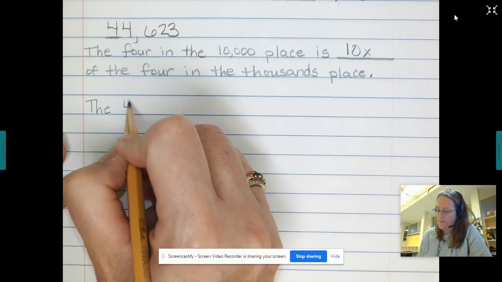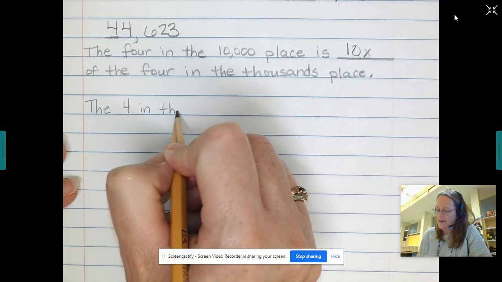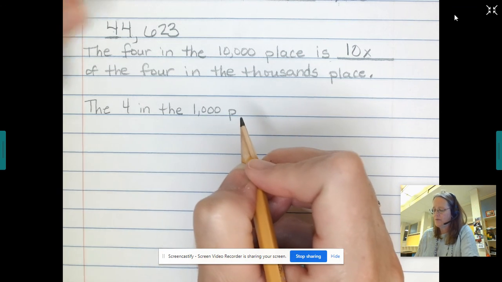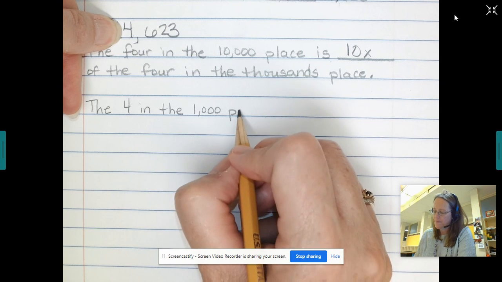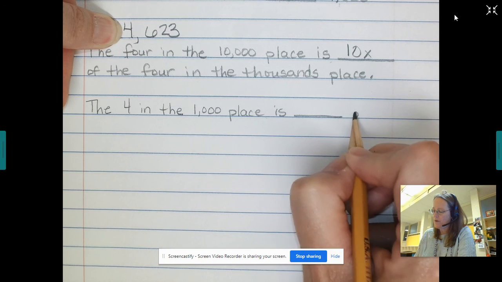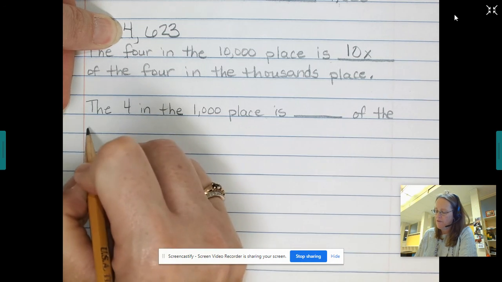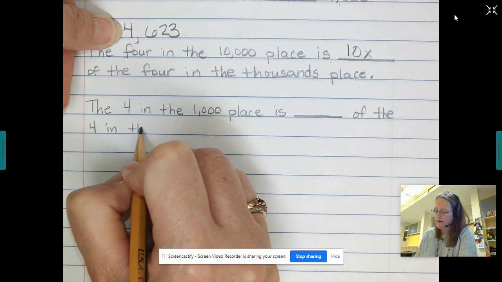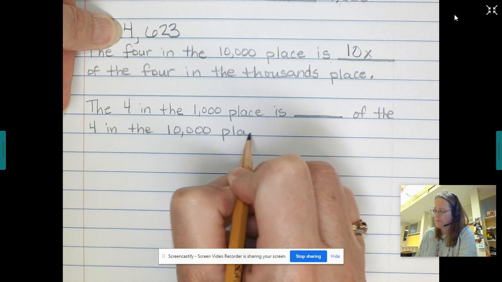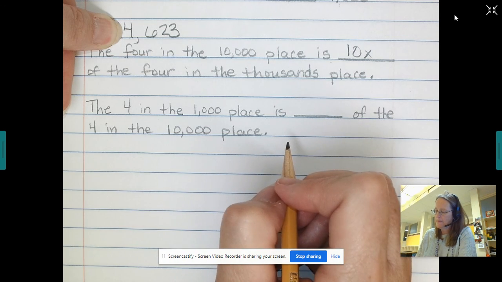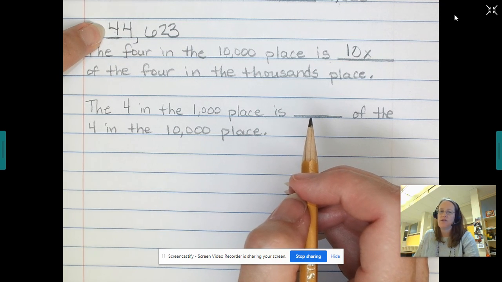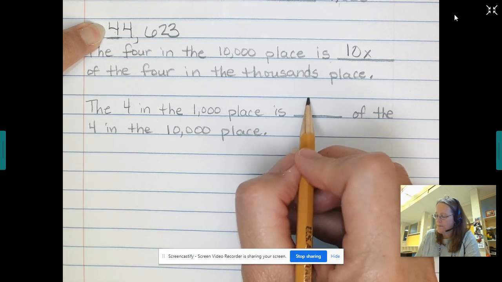The 4 in the thousands place, which I'm talking about that 4, is what the value of the 4 in the 10,000s place. So this 4 is 1/10 the value of this 4.